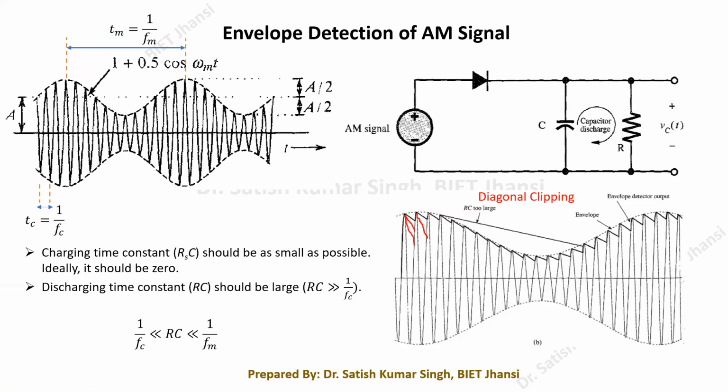Compared to the previous case, you can see clearly in this picture that it will discharge quickly, then charge again, and discharge quickly again. So whatever zigzag waveform we get at the output, this output voltage will not be similar to our envelope.